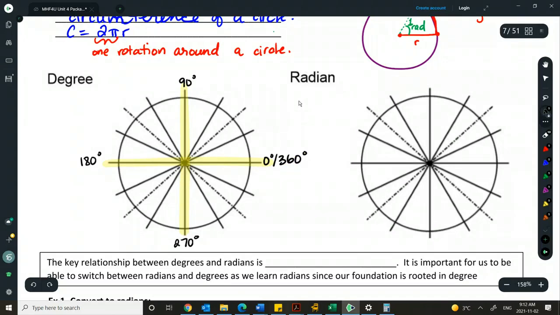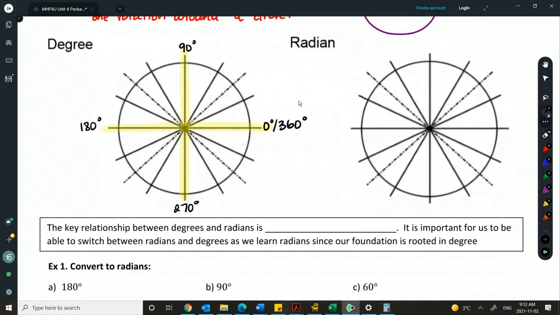Who remembers this from last year? Is this ringing a bell a little bit? We had all the different quadrants. Okay, and we said that the key relationship between degrees and radians, if 2 pi represents 1 rotation all the way around the circle, 2 pi must be equal to 360 degrees.